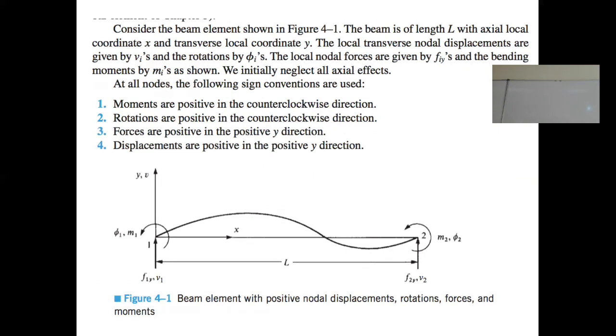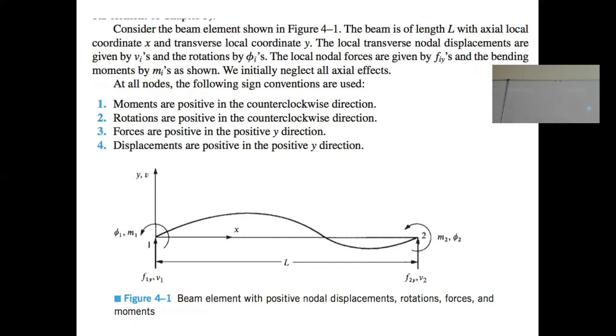We need an equation that relates deflection to the moment. Second order, right? EI times the second derivative of the deflection equals M, the moment. What about the shear? EI times the third derivative. So if you know the deflection, you can relate it to the moment and to the shear.